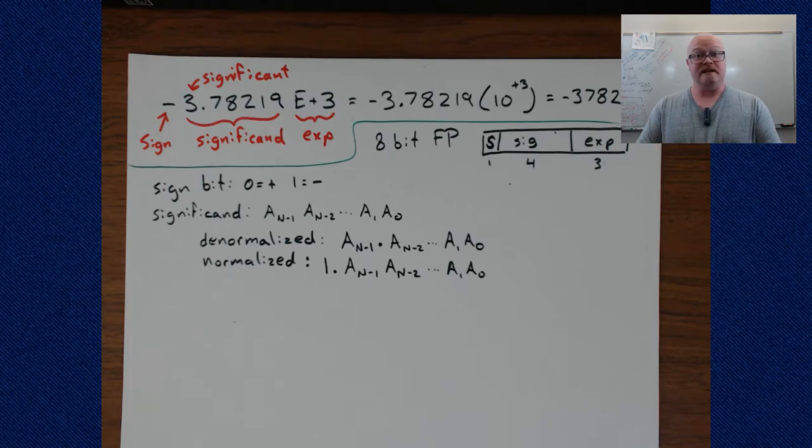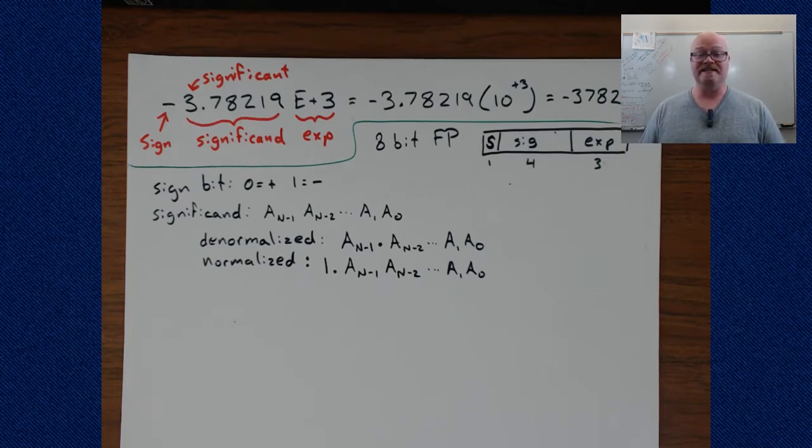The downside of a normalized representation, however, is if we assume there is always a 1 and then a radix point, how do you represent the value 0 by having all zeros? And the answer is you can't. You have to just predetermine in your standard that a particular bit pattern across all your bits means the number 0.